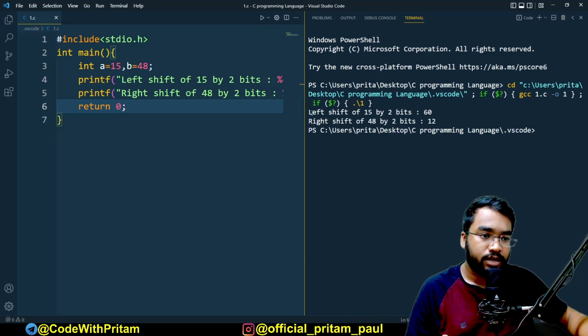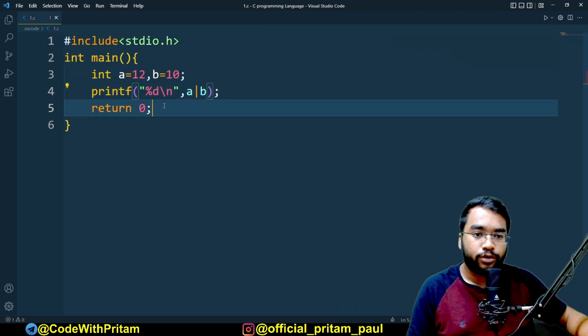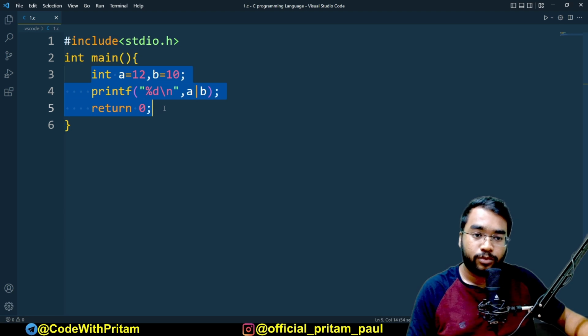Here you can see that left shift of 15 by 2 bits is 60, and right shift of 48 by 2 bits is 12, as I have said. In this code, a equal to 12, b equal to 10, as I have shown you on the iPad. So this is the output.